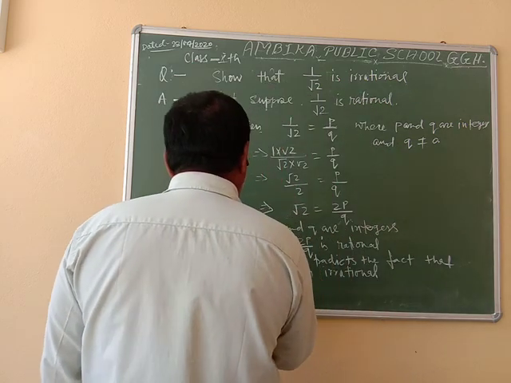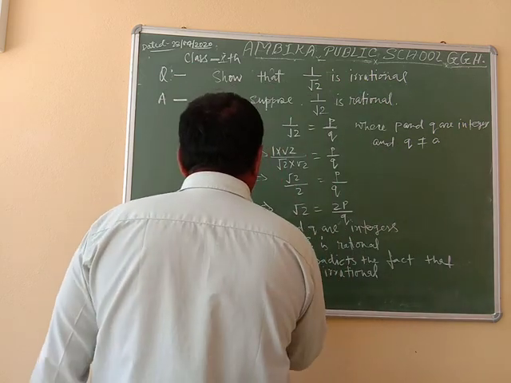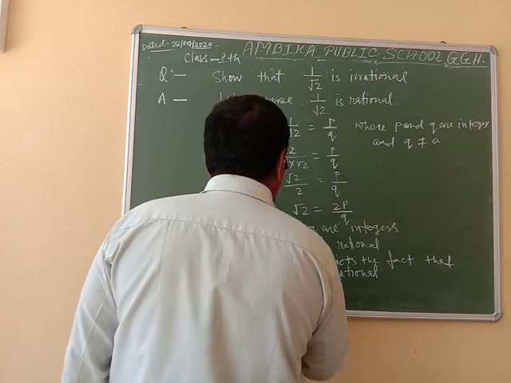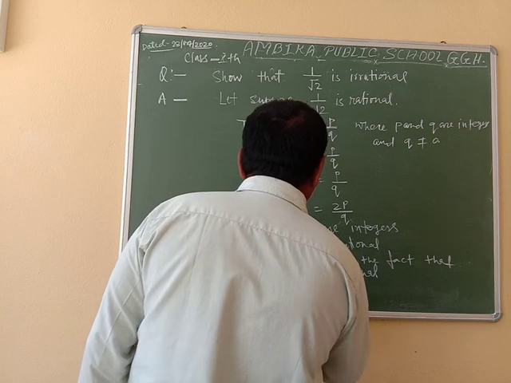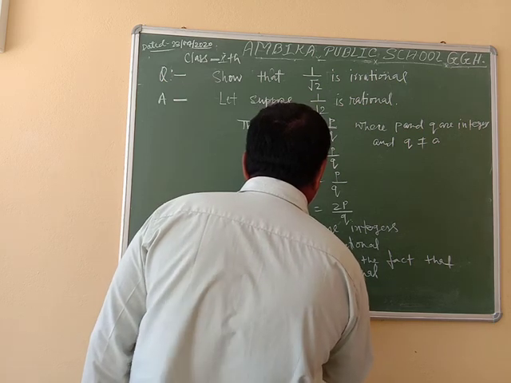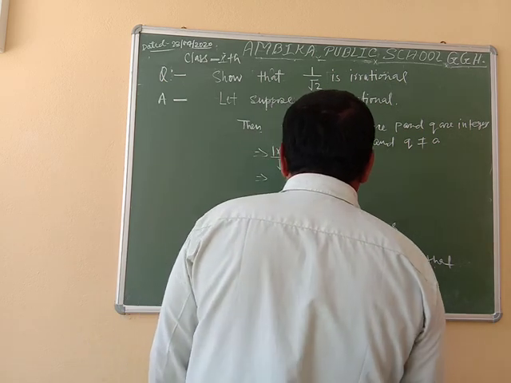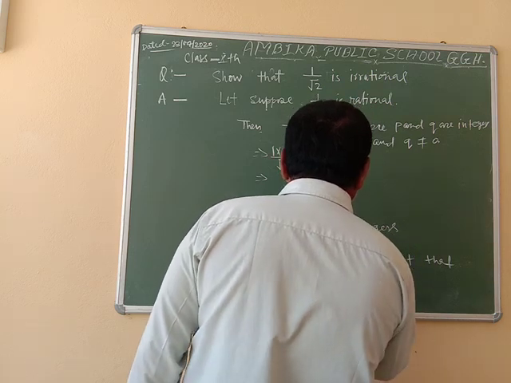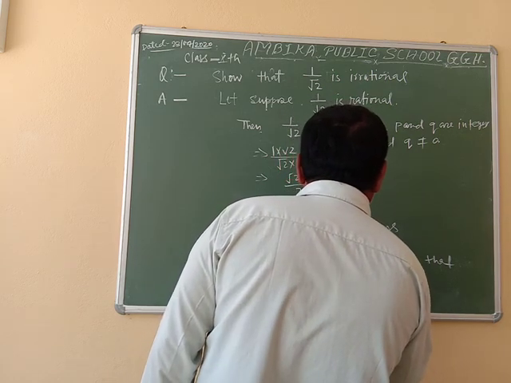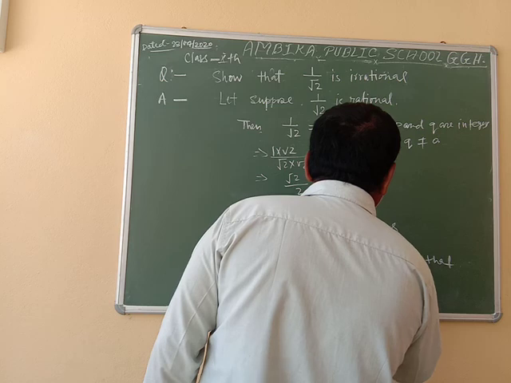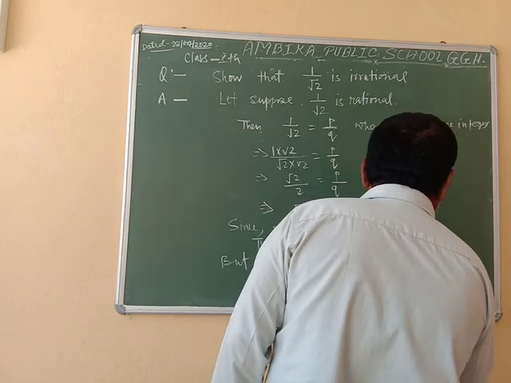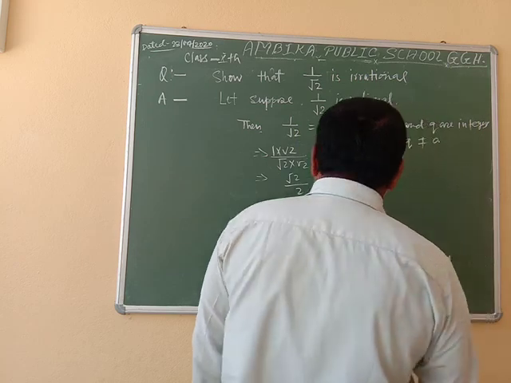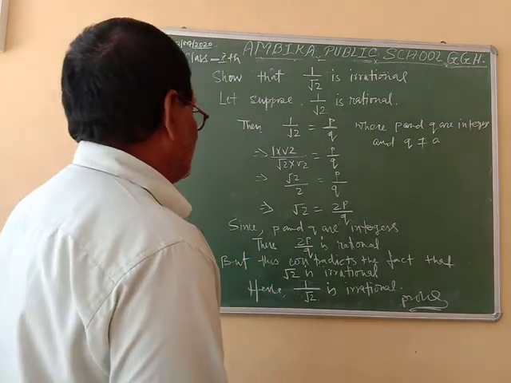Hence 1 by root 2 is irrational. Proved. It was to be proved: 1 by root 2 is irrational.